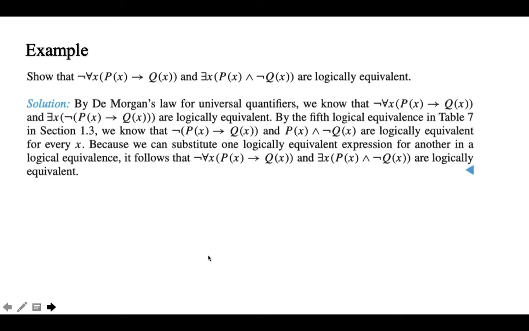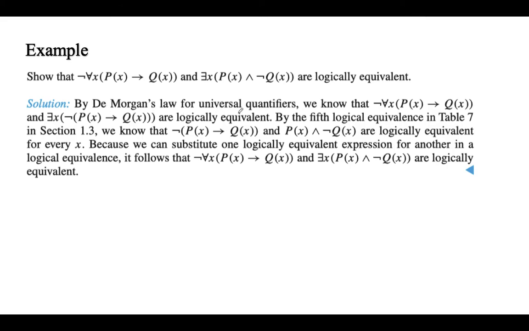The next example. Now we will apply De Morgan's law here. So how will we apply De Morgan's law? Show that not for all x, if p of x then q of x, and there exists x such that p of x and not q of x, are logically equivalent. Okay, so let's see how De Morgan's law applies here.